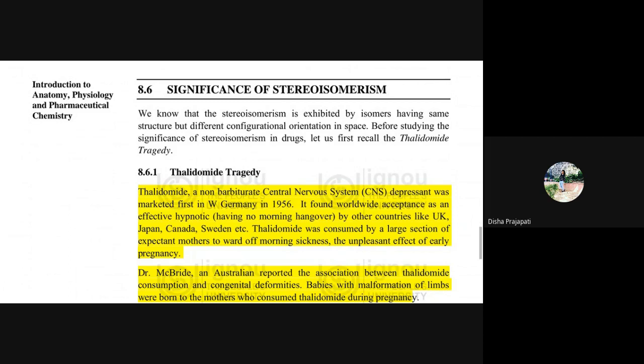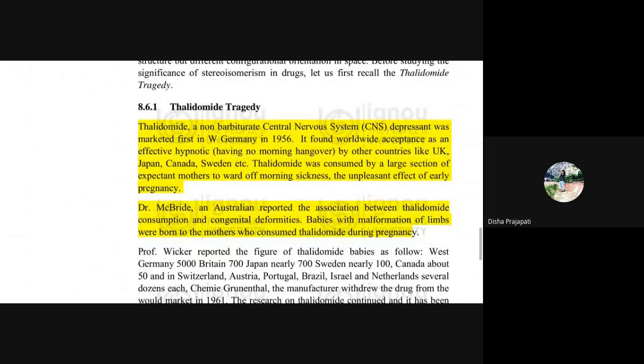But Dr. McBride, an Australian, reported the association between thalidomide consumption and congenital deformities in the babies which were born. Babies with malformation of limbs were born to the mothers who consumed thalidomide during pregnancy. So there were large instances of congenital deformities in the babies whose mother used to eat this thalidomide drug for morning sickness.